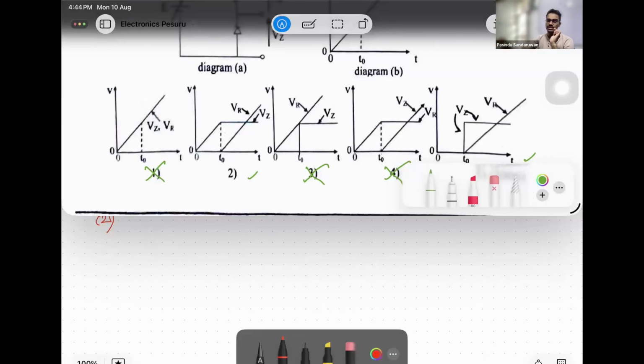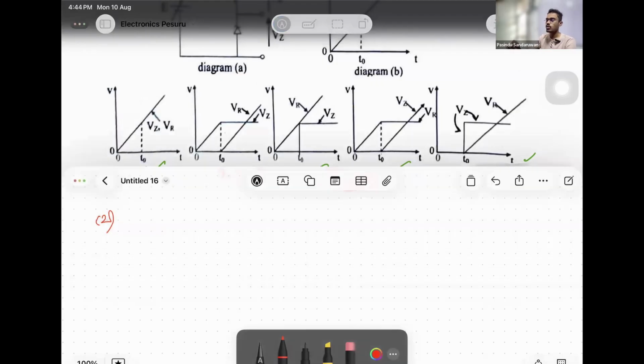Then once the Zener voltage is reached, the Zener voltage is constant. In both 2 and 5, the Zener voltage is constant. Now, up until the Zener diode functions, there's a potential difference across it, even though no current flows through the Zener diode.